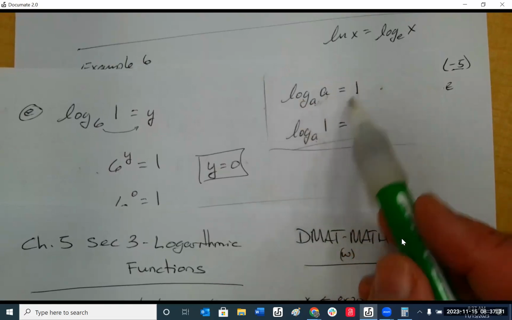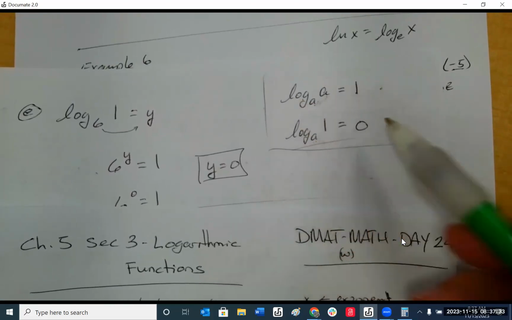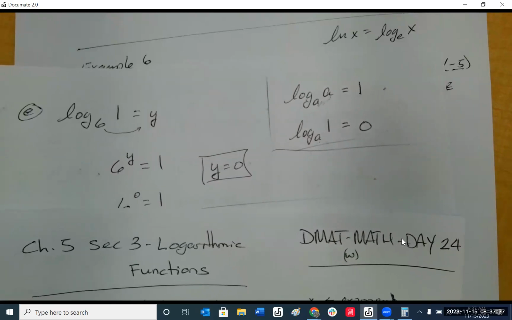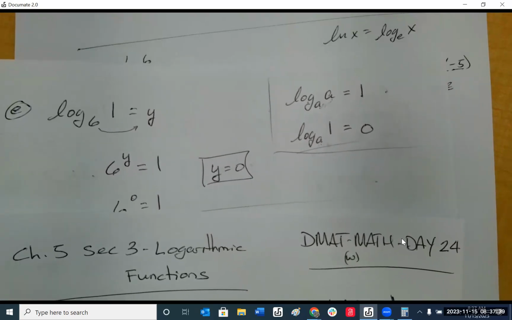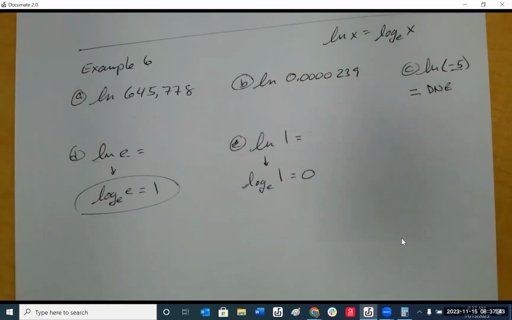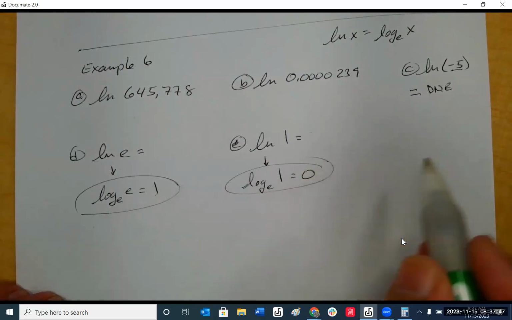Log base a of a equals 1. Log base a of 1 equals 0. That's a general rule. So 3 of them we could do without doing any work.